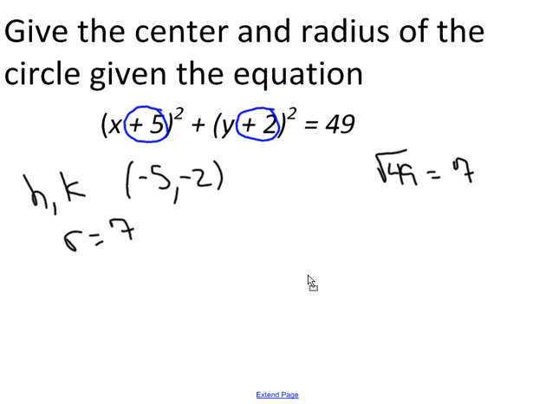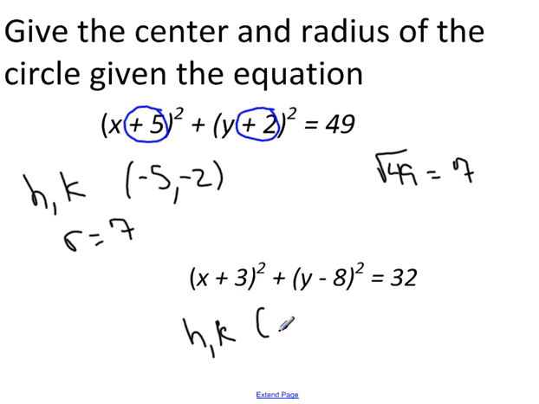Let's try another example real quick so you get the hang of it. So here's the equation of the circle. We're being asked to give the center and the radius. So h and k is going to be -3, 8. Have to change the signs of these.